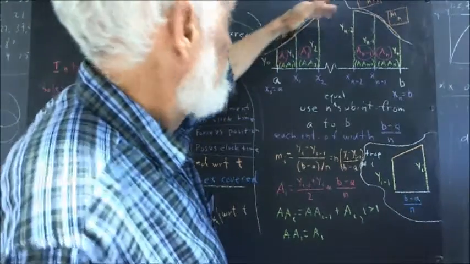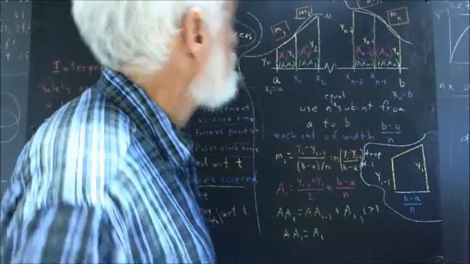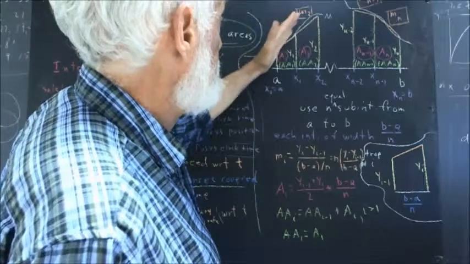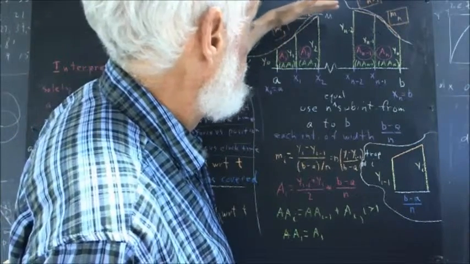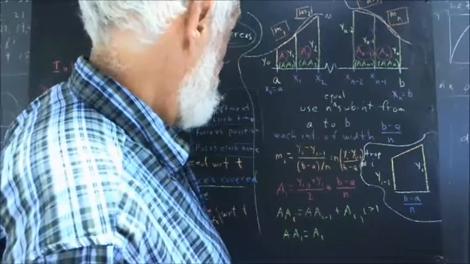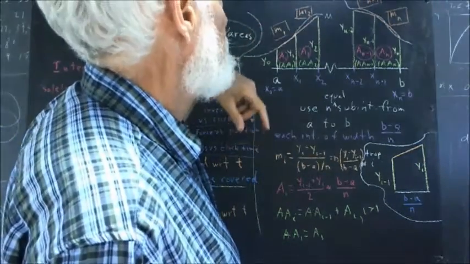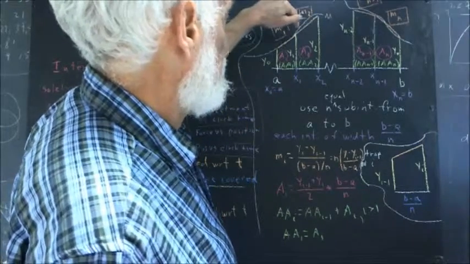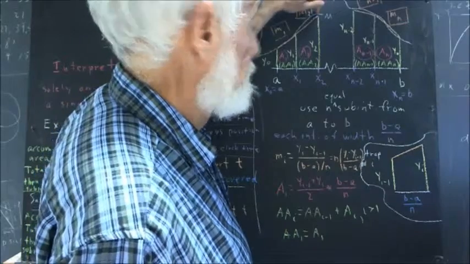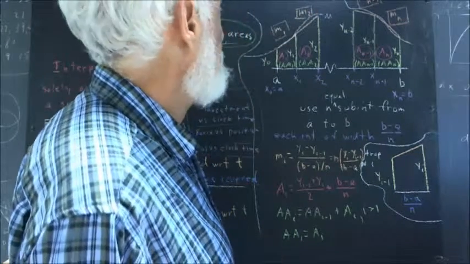On this trapezoid, we see that the graph has some curvature, so the slope of the graph starts out steeper than the average slope, reaches a maximum, and then comes down to a slope that's less than the average slope, so the average slope doesn't represent the actual slope at this point very well, nor at this point.